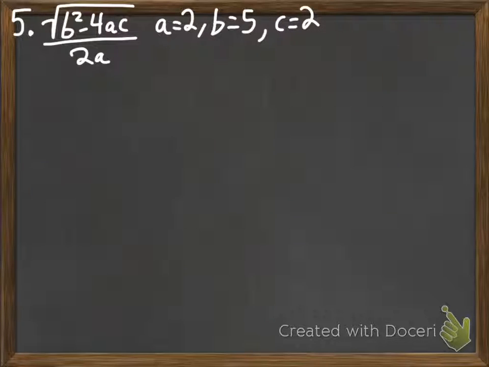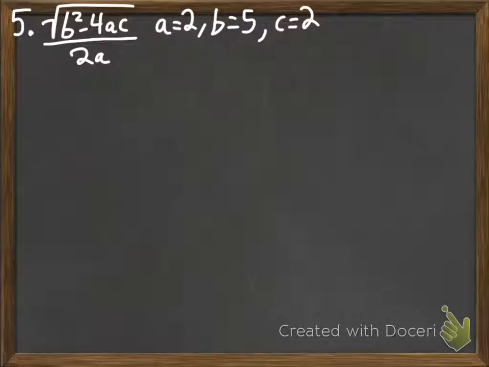Okay, there's another type of radical expression we are going to work with, and again, this is part of the quadratic formula that we're eventually going to learn. And this is the square root of b squared minus 4ac over 2a. And it works just like our previous examples did.